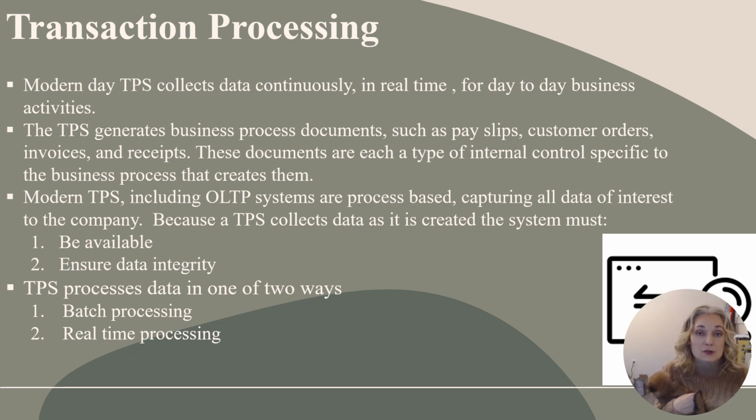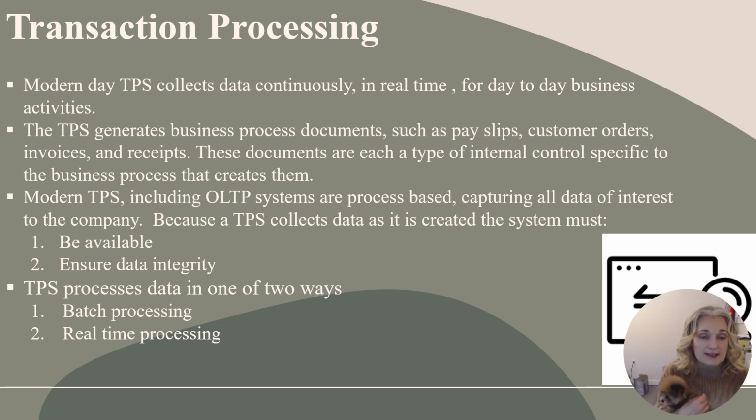So make sure that you remember all those controls we talked about in previous chapters, and all the risks that controls address will need to be integrated into your transaction processing system. And modern transaction processing systems include our OLTP systems, and these are process-based, and they capture all data of interest to the company.